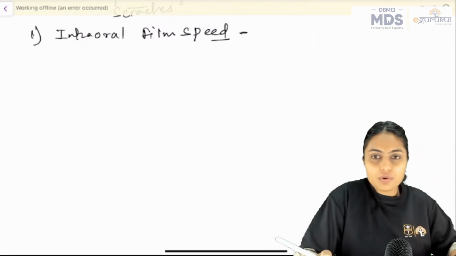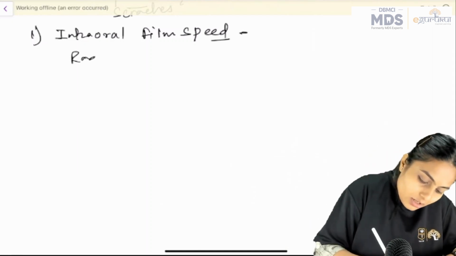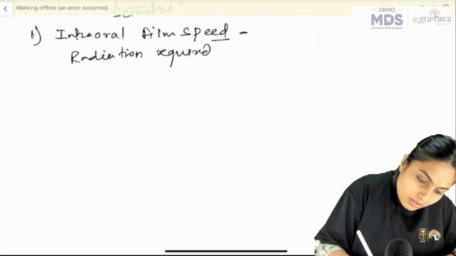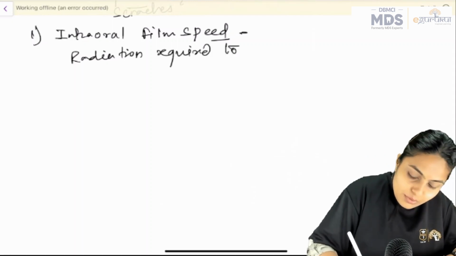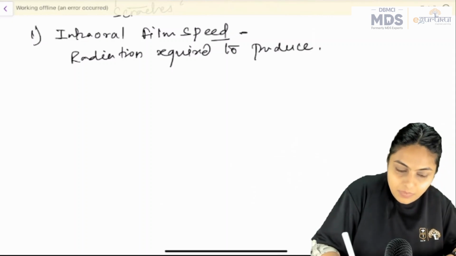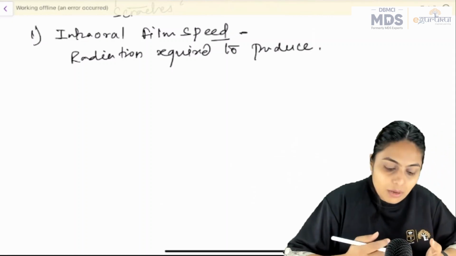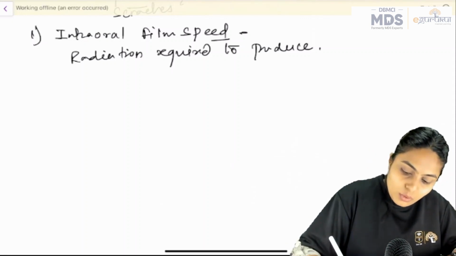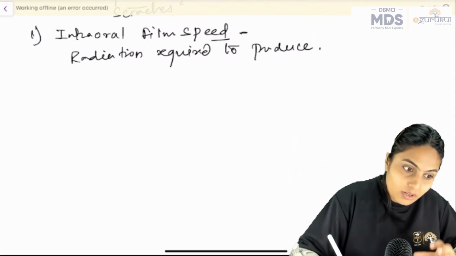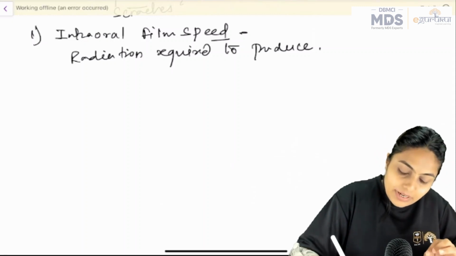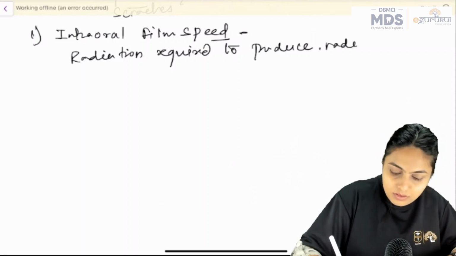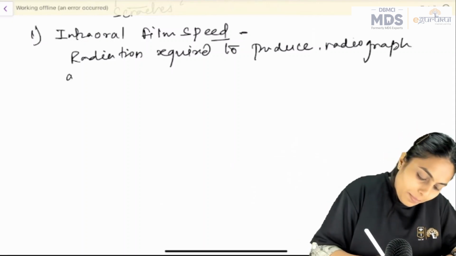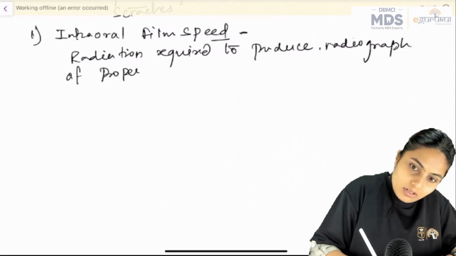Now what is intraoral film speed? It is the amount of radiation which is required to produce a good quality radiograph, or a radiograph of proper density.